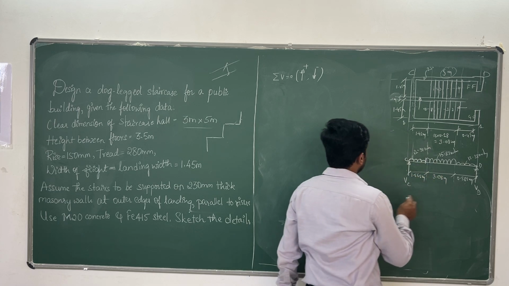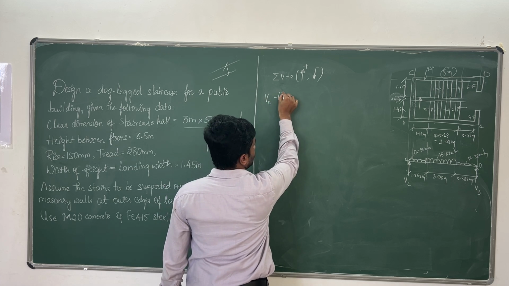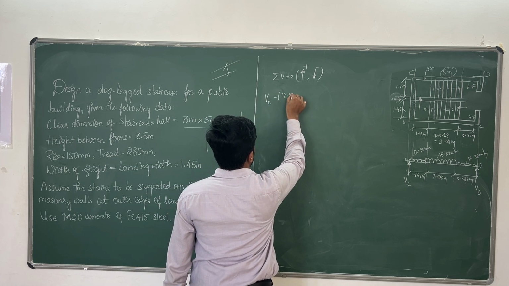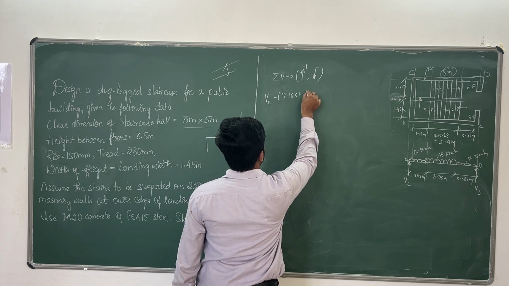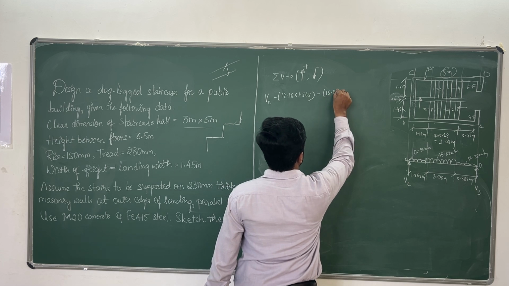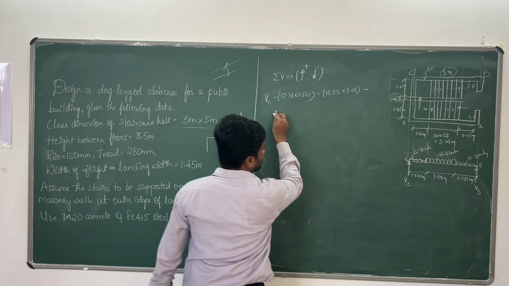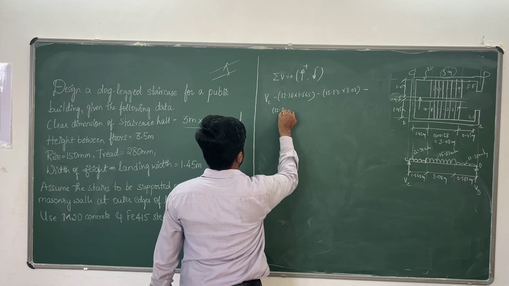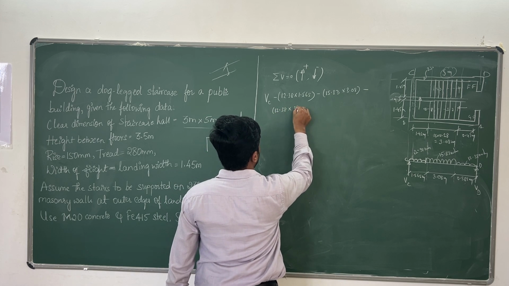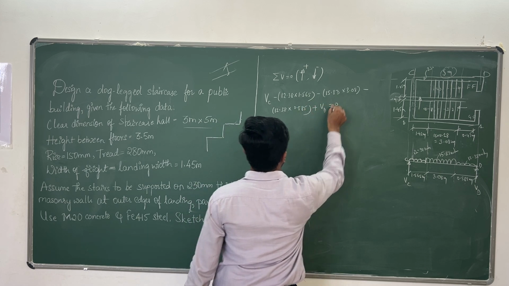So 12.38 multiplied by 1.565, minus 15.83 multiplied by 3.08, minus 12.38 multiplied by 0.585, plus VD, which is equal to 0.